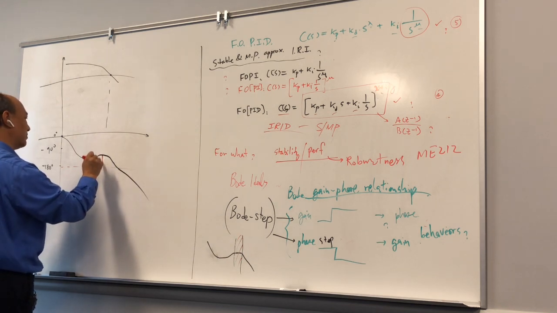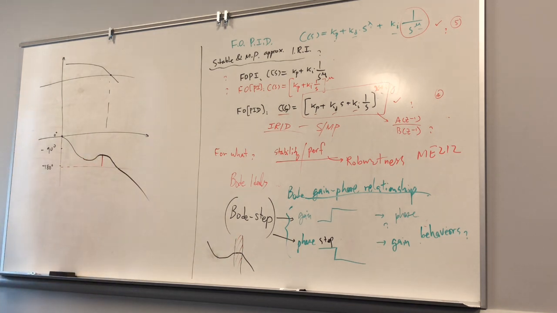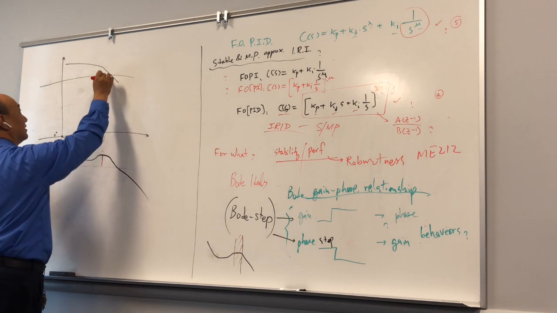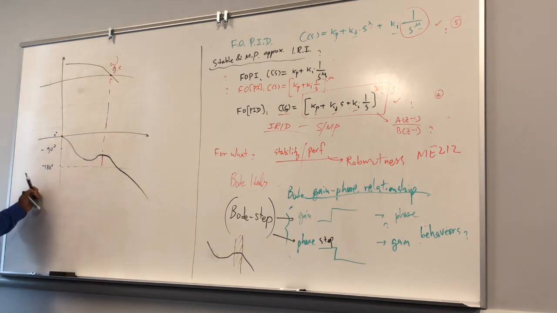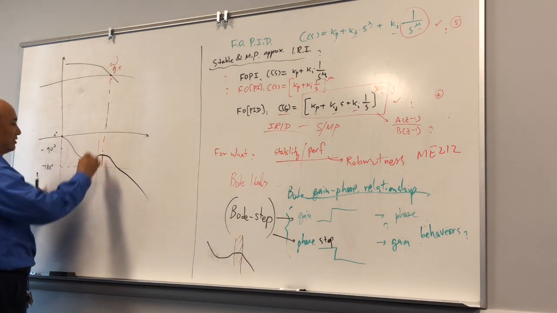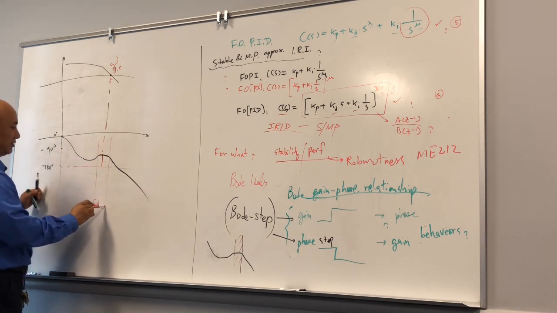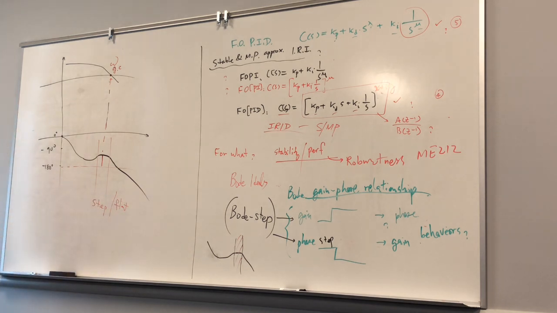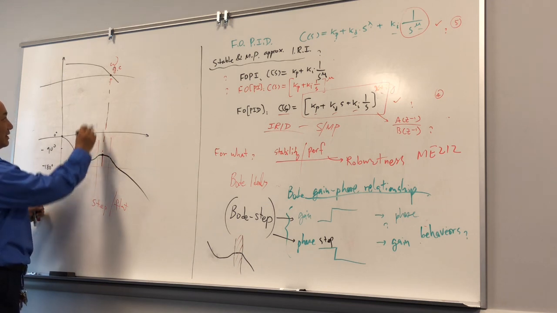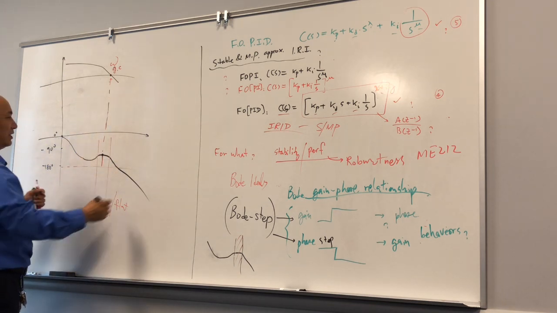So this is your phase margin, corresponding to the gain crossover, the omega gain crossover. Then this is kind of like a step or flat in the phase. So at this point, we have a peak point in here.